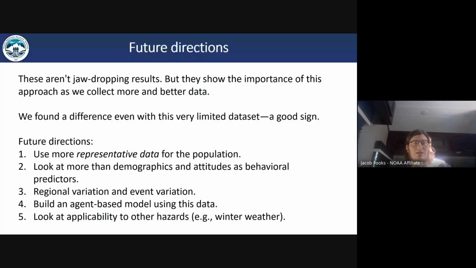So there's a lot of opportunity to apply this in different contexts to even better understand what are the behavioral decision space differences between these different hazards outside of just the obvious meteorological differences. And I think that's about what we've got.